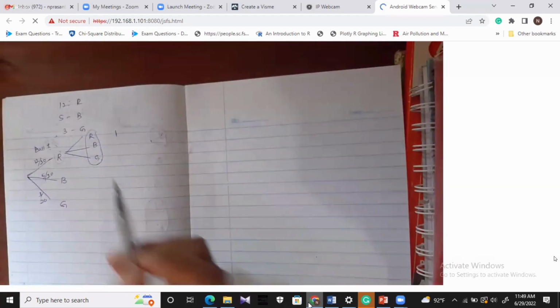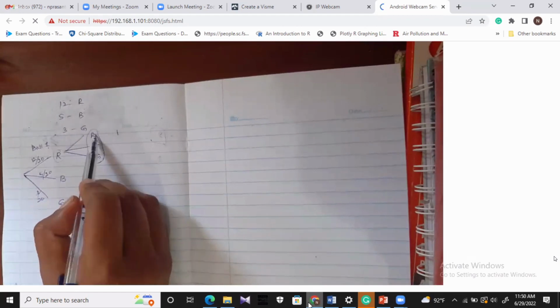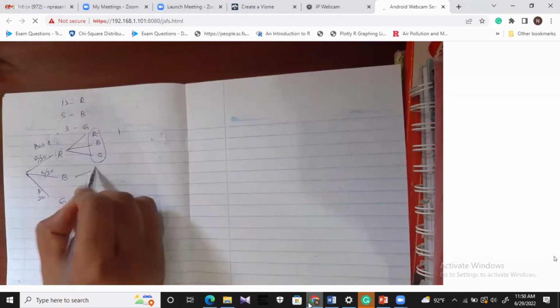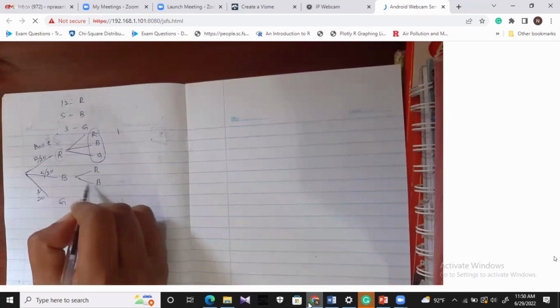Therefore, we may get either R, blue, or green. Here also R, blue, or green. Here also R, blue, or green.